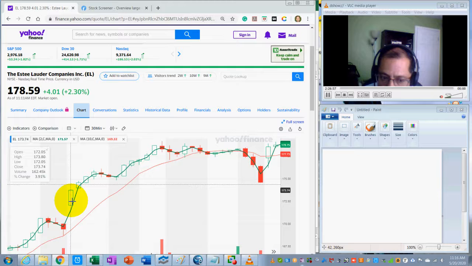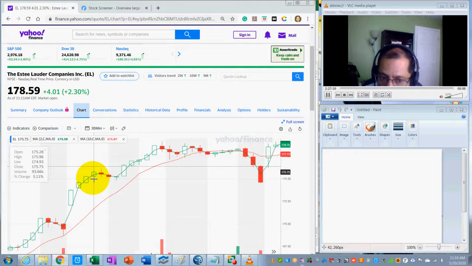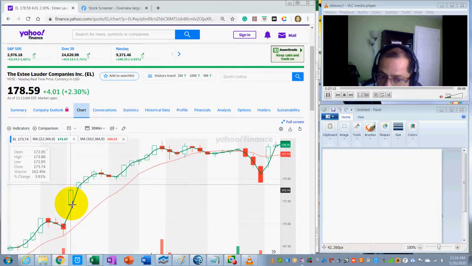You are looking at the market condition, which is probably bull. Under those conditions, you notice that the price went from 173.74, if I'm looking at the closing price, to a high of 175.96. So you had a pretty decent rally here.